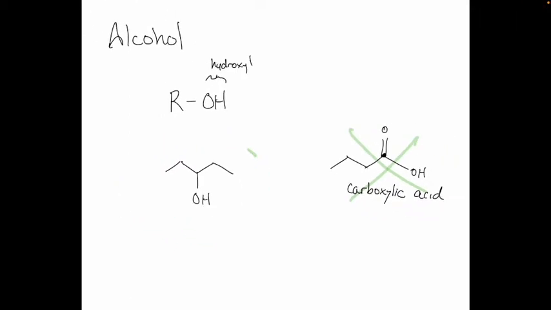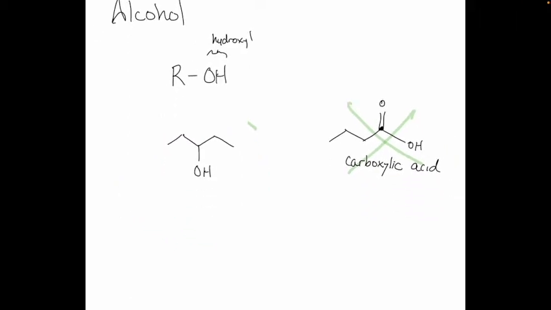A thiol, which we won't talk quite as much about because they're not quite as common, but nonetheless we'll introduce it here, is something that has an SH functional group. Notice where sulfur and oxygen live on the periodic table. Oxygen lives right on top of sulfur, so they have very similar bonding patterns and the same number of valence electrons. The periodic table is arranged so that elements that sit on top of one another within a column have similar properties.